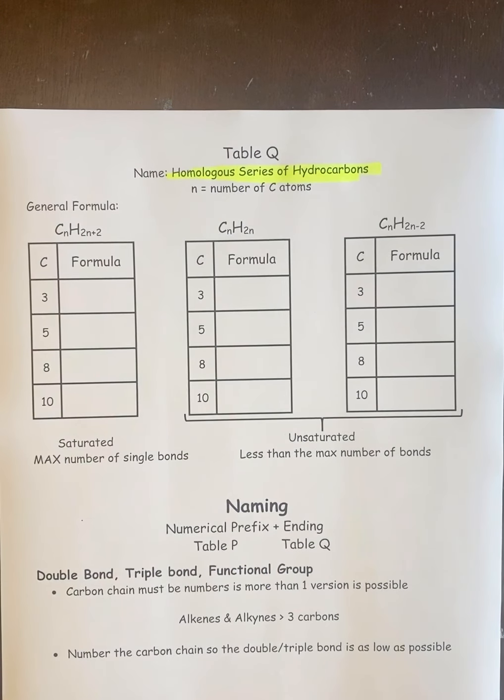All right, that's an important name, not because the name itself has any real significance, but because a lot of times what you'll hear on a Regents is that they will reference table Q instead of saying according to table Q, they'll say according to the homologous series of hydrocarbons, and then you'll have students be like, the what now? And they don't realize that that's the name of the table Q.